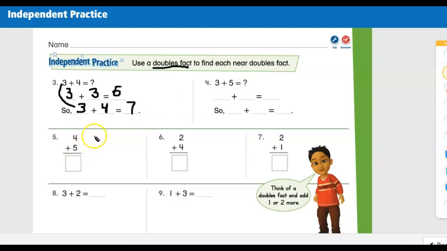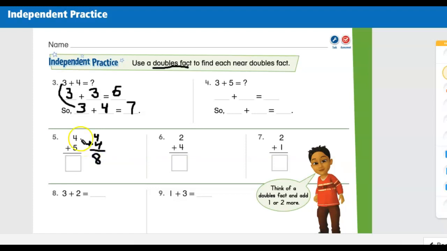Well, if I wanted to use my doubles fact of 4 plus 4 to solve this, what is 4 plus 4, everybody? If I have 4 and I add 4 more to it, that would give me 8. 4 plus 4 is 8.